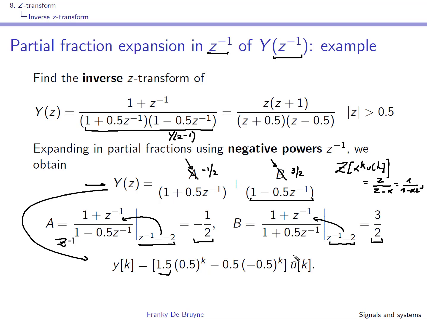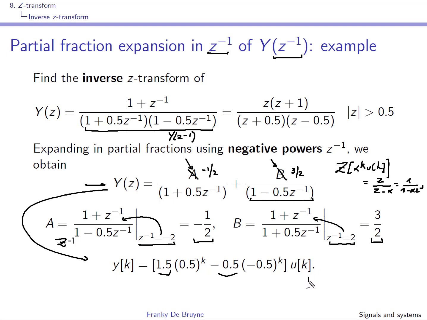It's important to multiply by the unit step, just as we have multiplied by the unit step in the Laplace domain. So this one here, minus a half, is the 1 over this thing here, which is the z transform of minus 0.5 to the power k times the unit step.